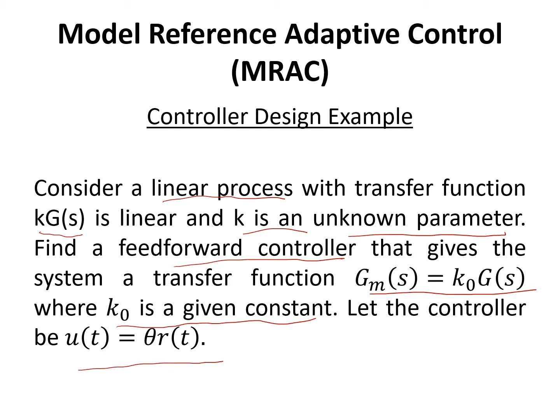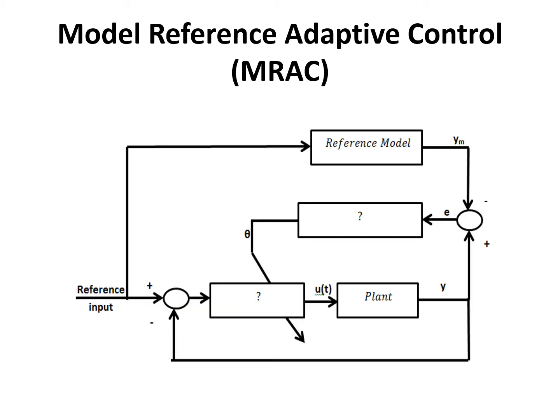Okay, so now we want to design an MRAC for the given plant. This is the control system structure for this particular example. I have gone through this structure in an earlier slide, but as a revision, we will go through every block and its function again.